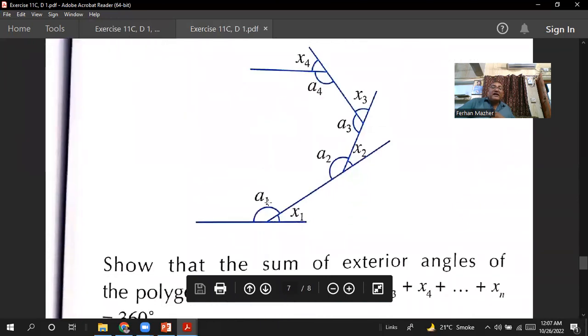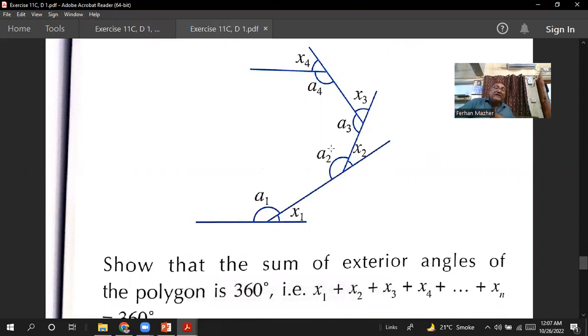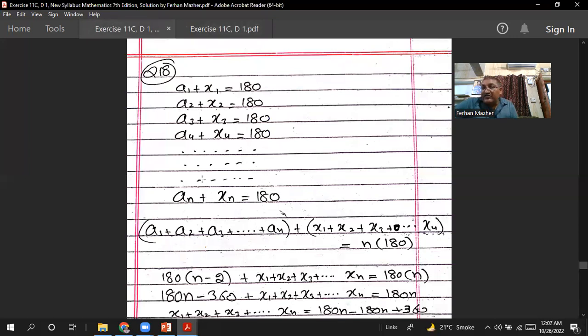So A1 plus X1 will be equal to 180, A2 plus X2 will be 180. It's a straight line. A3 plus X3 is 180, and X4 plus A4 will also be 180, because these are adjacent external and internal angles, and so their sum is always 180.